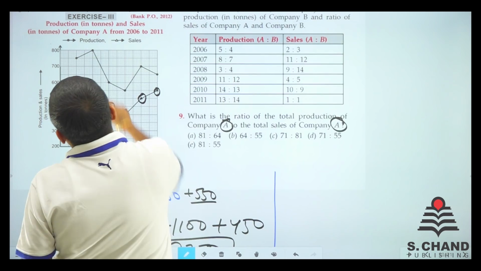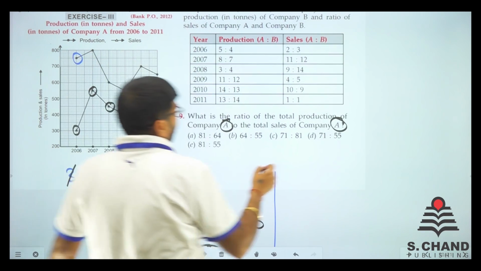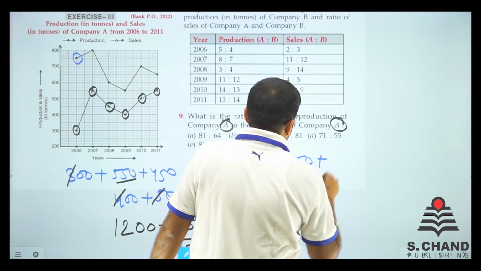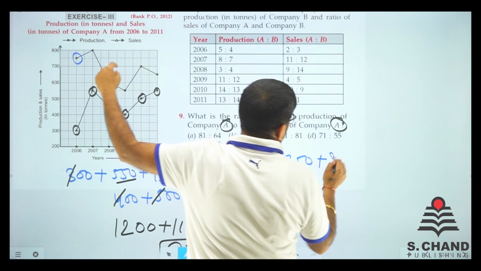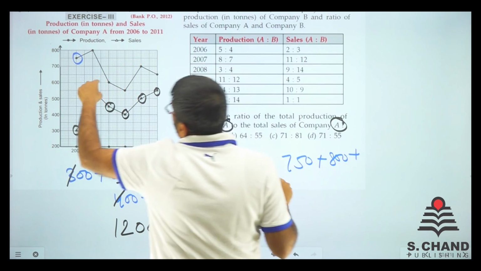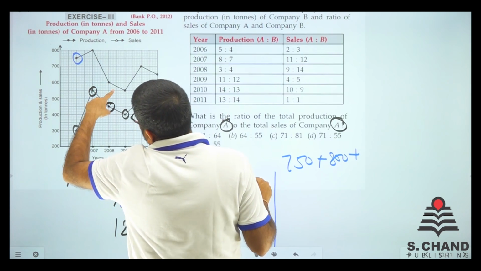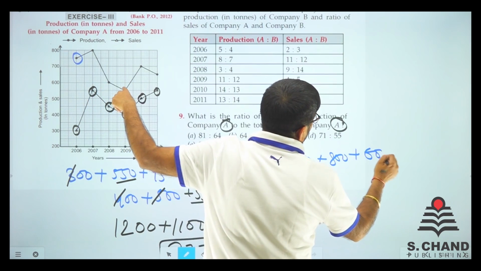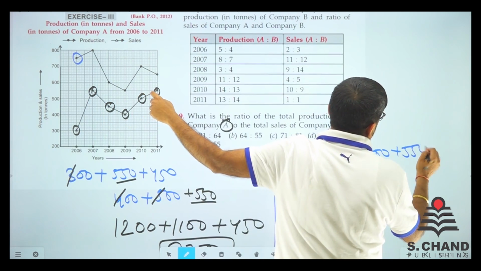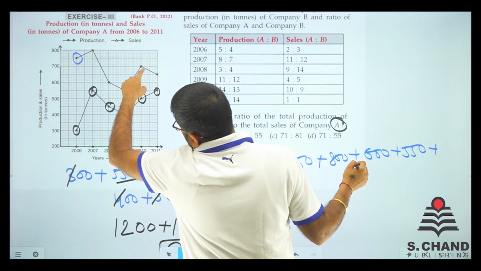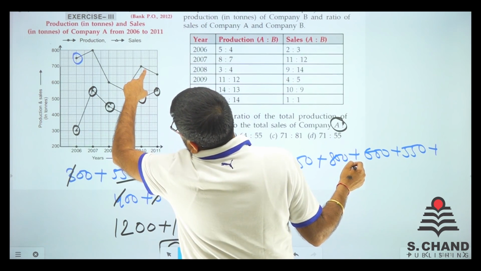All the values, like this is 750. Now after 750 we have 800. Then we have this value as 600. After 600 we have got 550. Then after that we have got this value is 700.